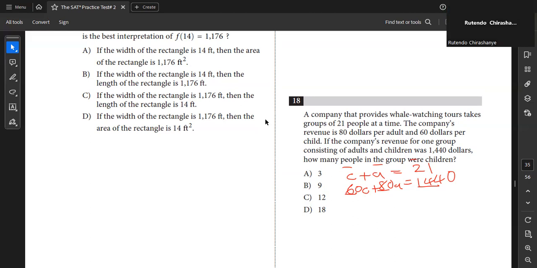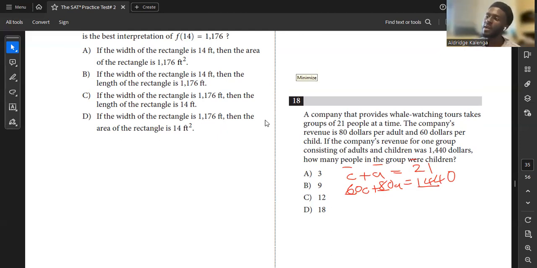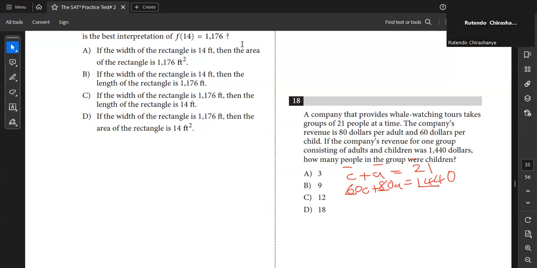Anyone else? Okay, we have another B, and then we have a C again. So we have a B and a C from the chat. Anyone else?